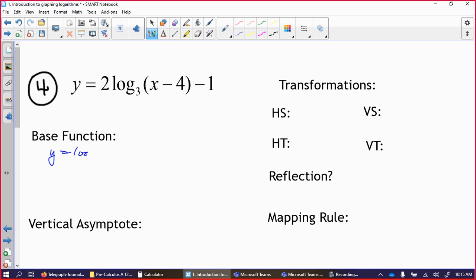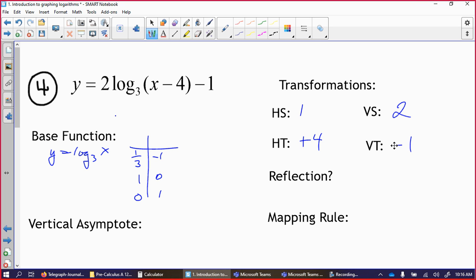Y equals log base 3 of x, a third, 1, 0, negative 1, 0, 1. So there's our base thing. Transformations: horizontal stretch is 1, there's nothing. Vertical stretch is 2. Horizontal translation is plus 4.